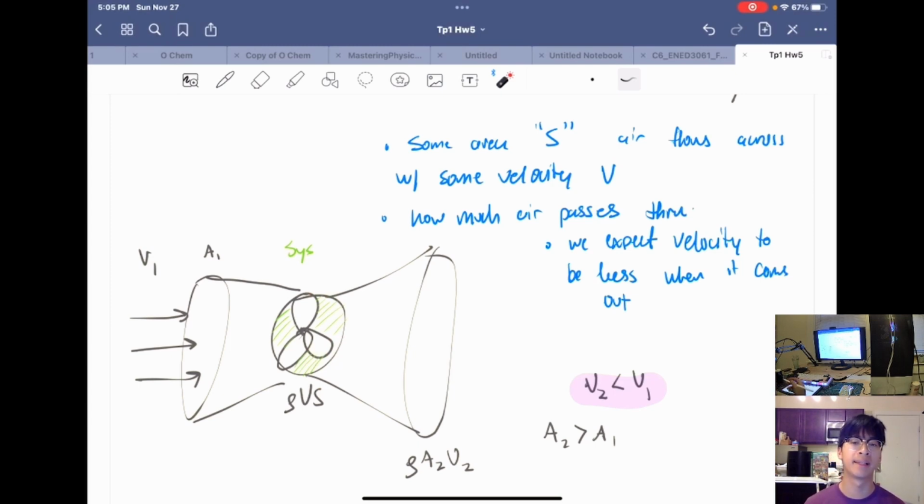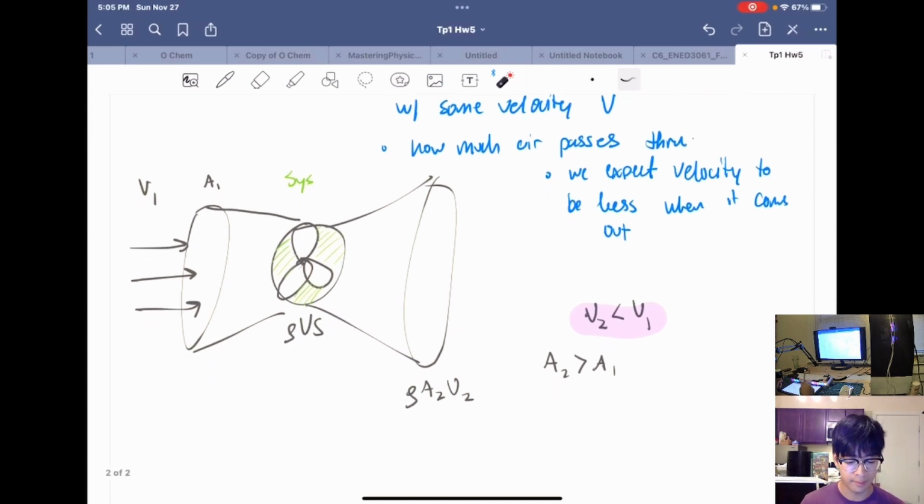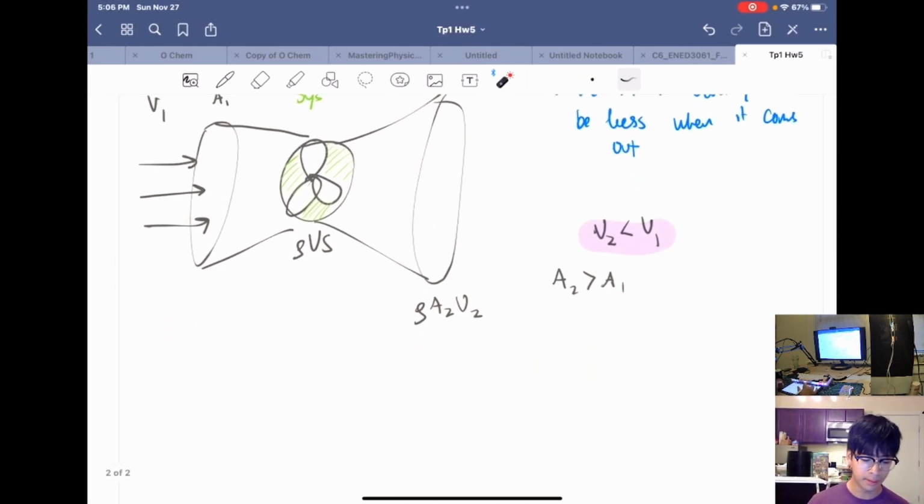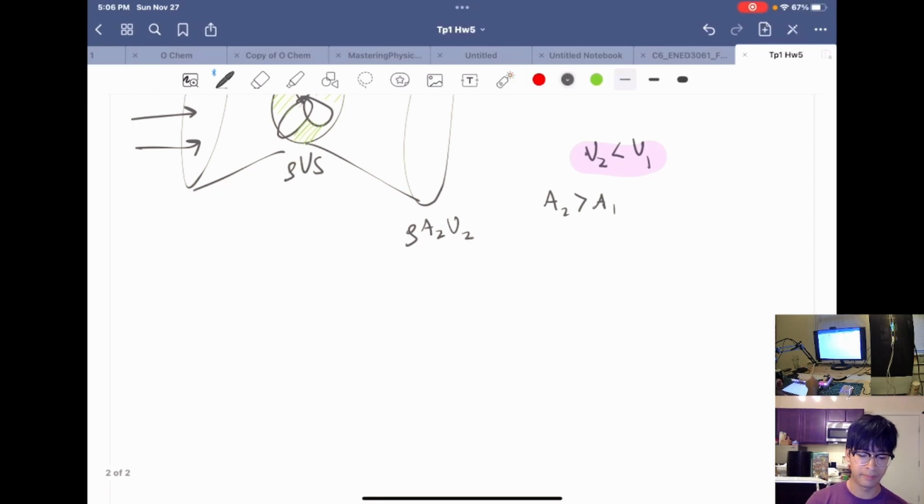So it would make sense that we cannot take all of that velocity to useful work. Okay, so with that ramble out of the way, we know that the velocity going out is less than that, and in order to compensate for that, the cross-sectional area of the fluid associated at position 2 has to be greater than 1.